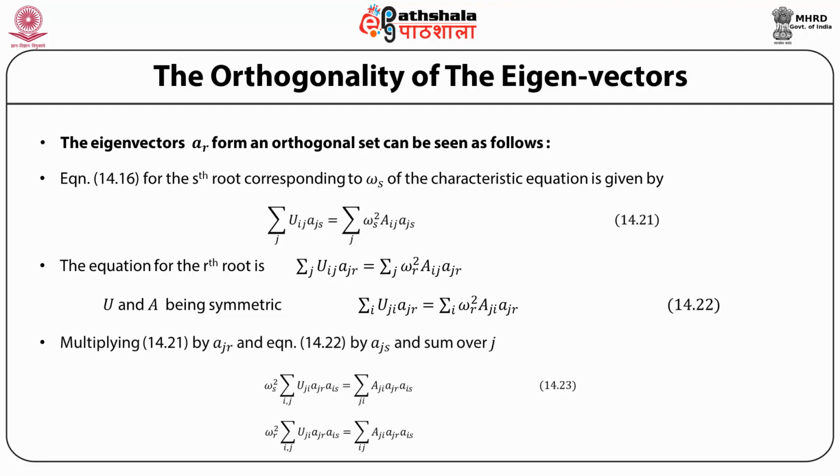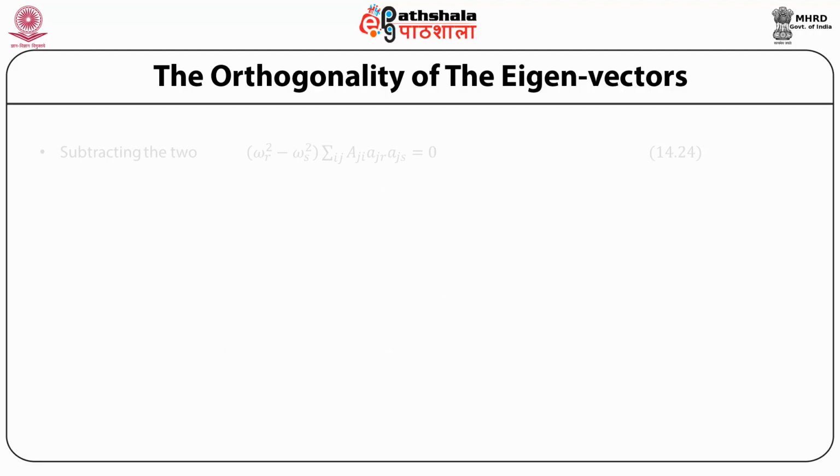Now, multiplying equation 14.21 by a_jr and equation 14.22 by a_js and summing over j, we obtain omega_r squared sum over i, j of a_jr A_ij a_is, and similarly for omega_s squared. Now, subtracting these two equations, we get omega_r squared minus omega_s squared times sum over i and j of A_ji a_jr a_js is equal to 0.